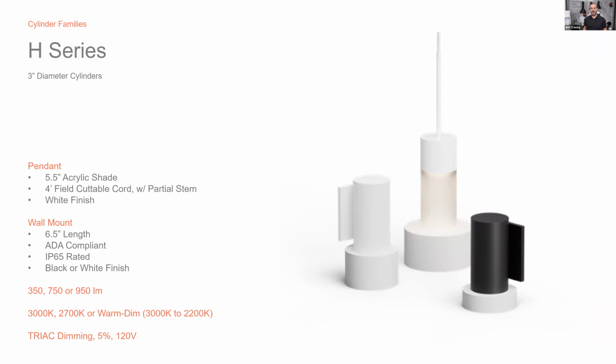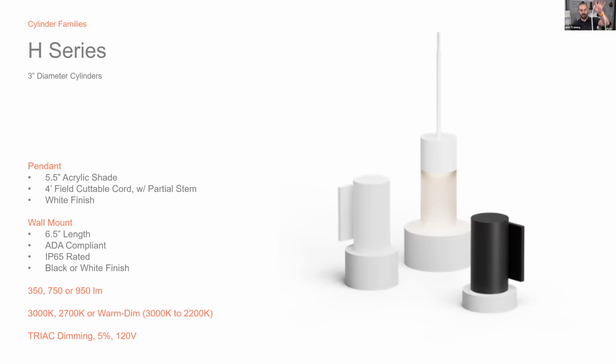The H series is, again, a really great, slightly more budget-driven line. It's slightly more residentially focused in that it is a 120 volt, 5% dimming driver. So you still see a good amount of this in other hospitality or potentially multifamily applications.